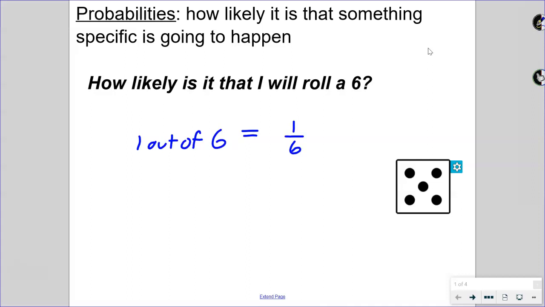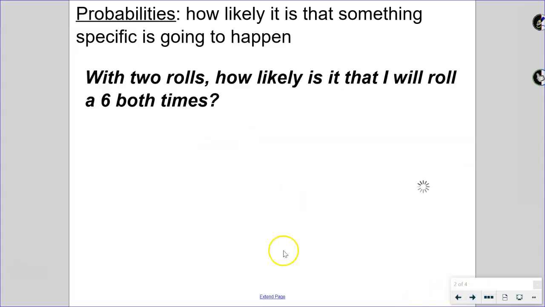So here's the deal. What I want to do now is challenge you with a question. I'm going to ask you a question, and I'm going to ask you to pause it and give it a shot and work it out. And when you think you have an answer or you think you figured it out, then resume the video so that we can talk about how to solve it. So my question now is this. With 2 rolls, how likely is it that I will roll a 6 both times?